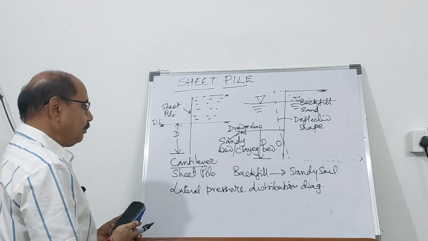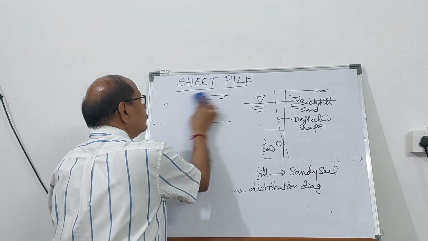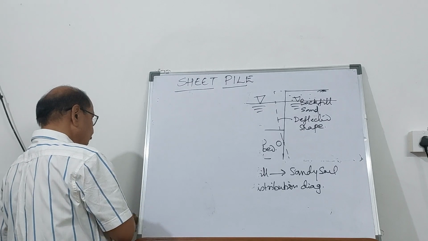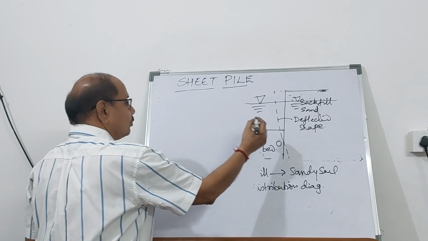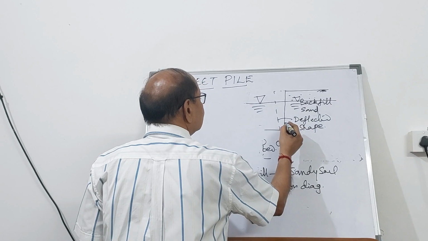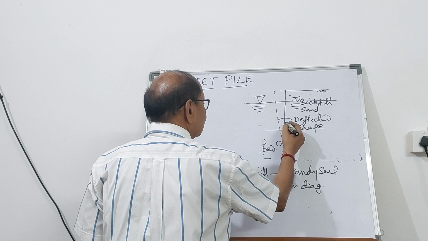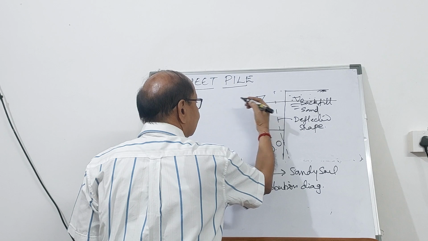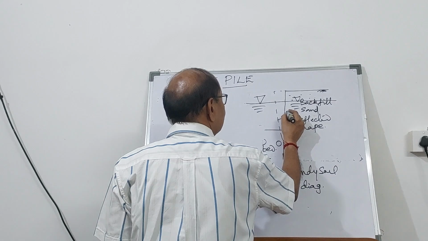We know the deflected shape, and therefore if you try to draw the pressure distribution diagram, you will find that from the deflected shape itself, you can see that the zone above AO, the sheet pile is going to deflect away from the backfill, and therefore this will be in active zone.